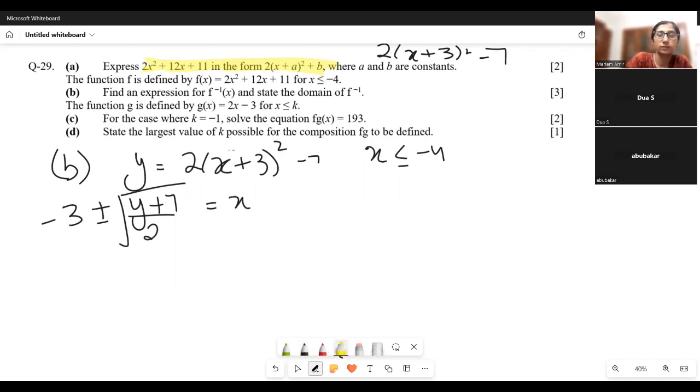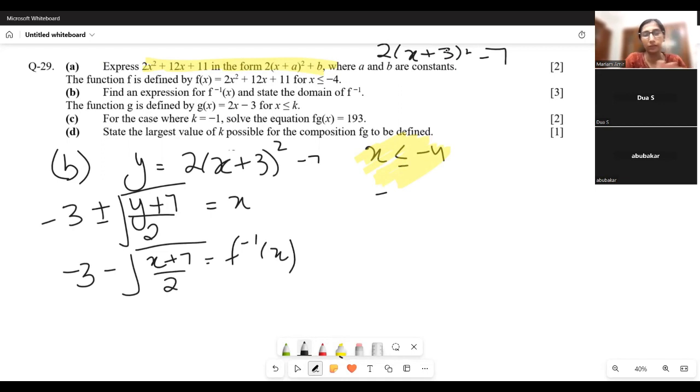So since this is less than or equal to, we'll choose the minus sign. Okay, so minus 3 minus square root of (x plus 7) by 2 equals f inverse. Let me quickly check the answer. Yes, okay.